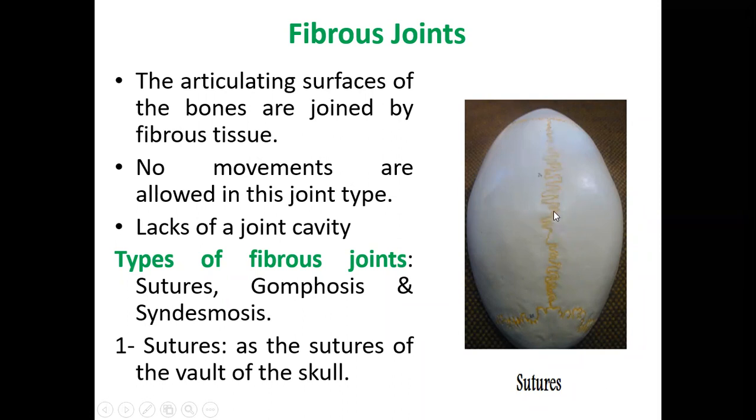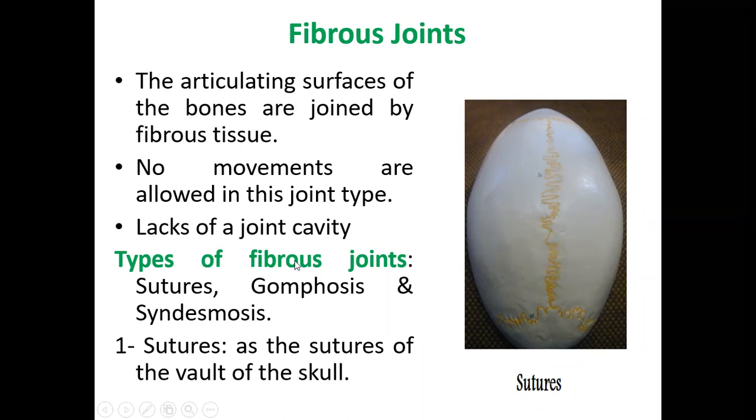Lack of joint cavity: there is no space cavity. Later we'll see there is a big cavity filled with synovial fluid in the case of the synovial joint. But here there is no cavity, no space. So these are the fibrous joints.